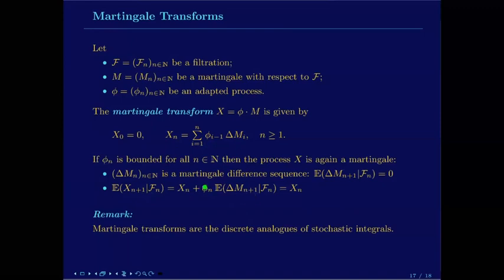It is known, so by the stability law, we can pull the phi out of the conditional expectation as we condition on information available at time n. And then we have the conditional expectation, which is 0. Therefore, this additional term cancels out and we simply have Xn. So this process is a martingale. The boundedness of the phi n we need to ensure that this process X actually has finite mean.